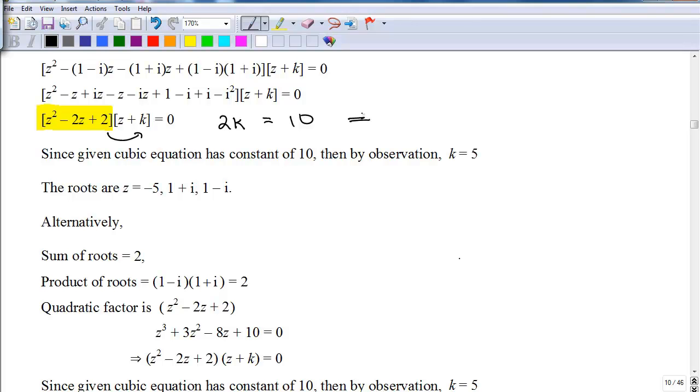So if 2k is 10, this gives me the k value of 5. So once I know k is 5, I know that I can write down the roots of the equation. They are going to be z, z conjugate, as well as minus 5. Done.